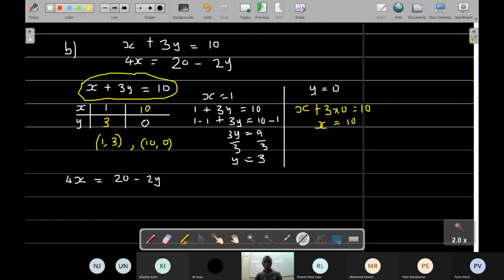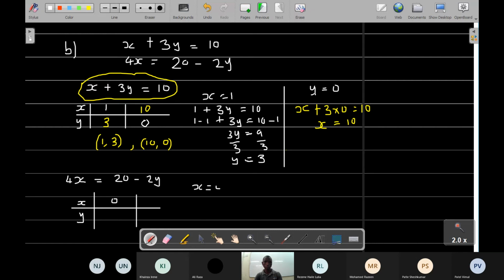Still here I can make that simple table whereby I will have the value of x and the value of y.